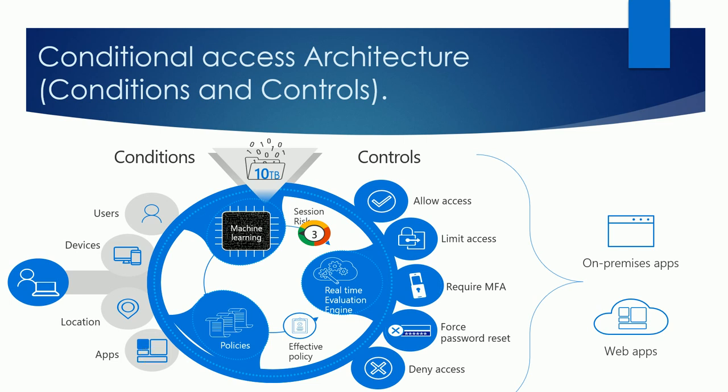If the user is in a particular location, subnet or IP range, then only the user can access the Office 365 application. If the condition is met, it goes to the control and allows access. If the condition doesn't match, you can set up limited access, require multi-factor authentication, enforce a password, or deny the access. These are the controls you can provide.